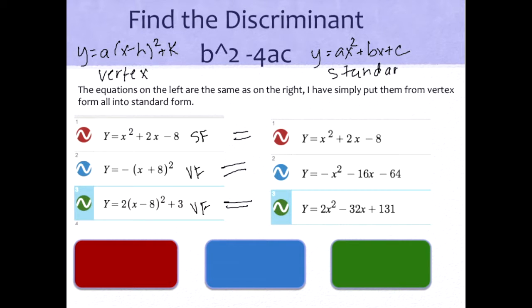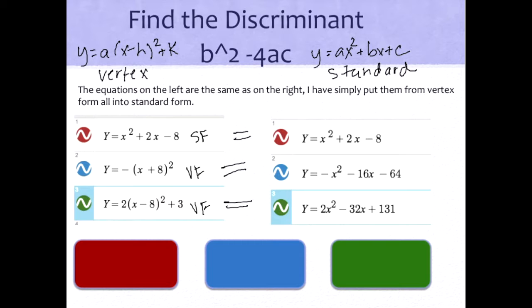It is really easy for you to find the discriminant when your equation is in standard form. If your equation is not in standard form, you can still find the discriminant, but you're going to have to do the algebra and put it in standard form in order to figure out what the discriminant is.